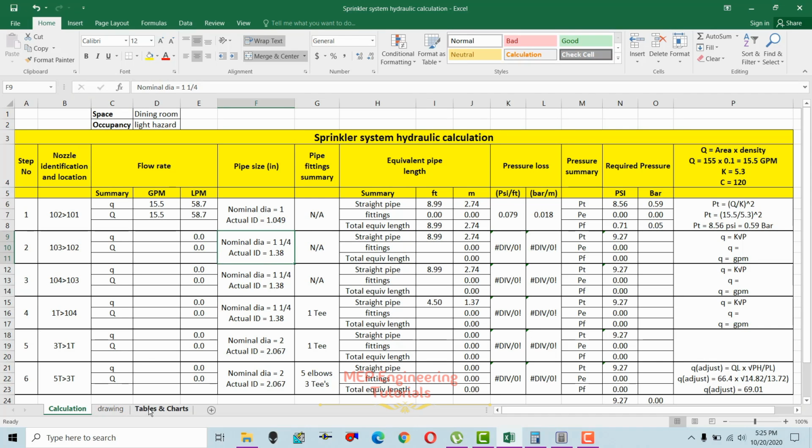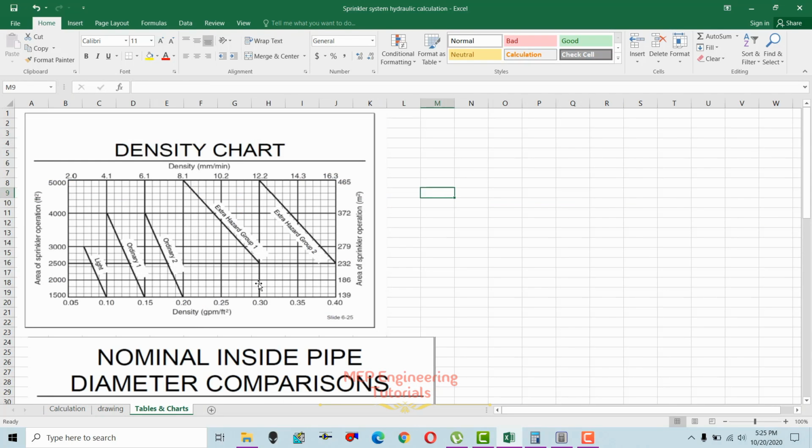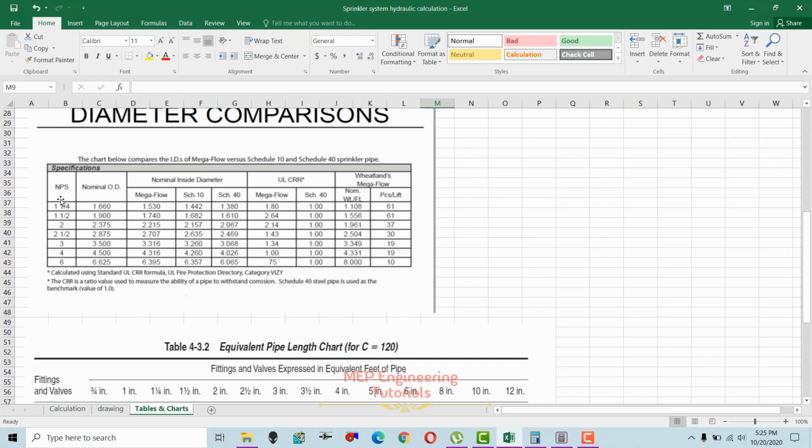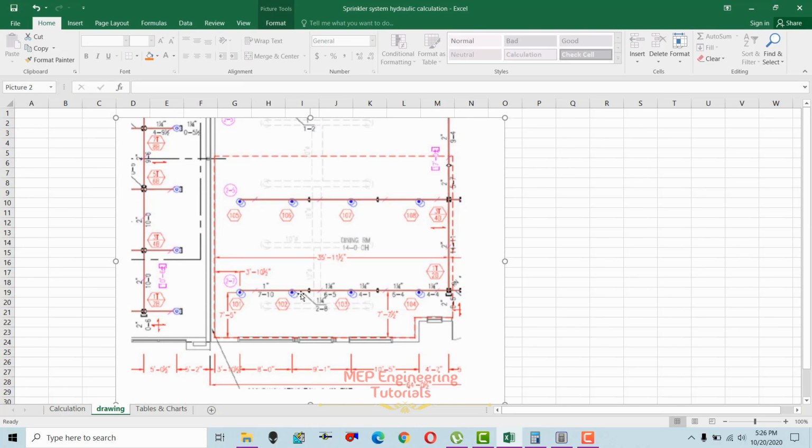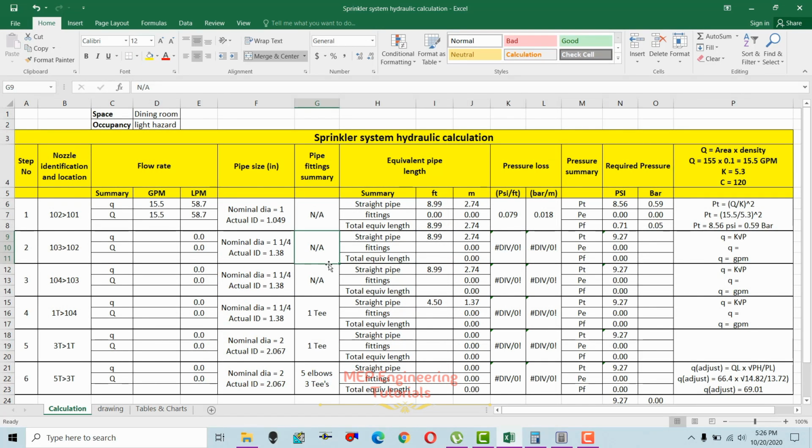If we go back to our tables and charts, for 1 1/4 schedule 40 pipe the inside diameter is 1.38 inches. So we have to write 1.38 inches in here, and again there is no fitting in here. It's a straight piece of pipe, so no fitting.